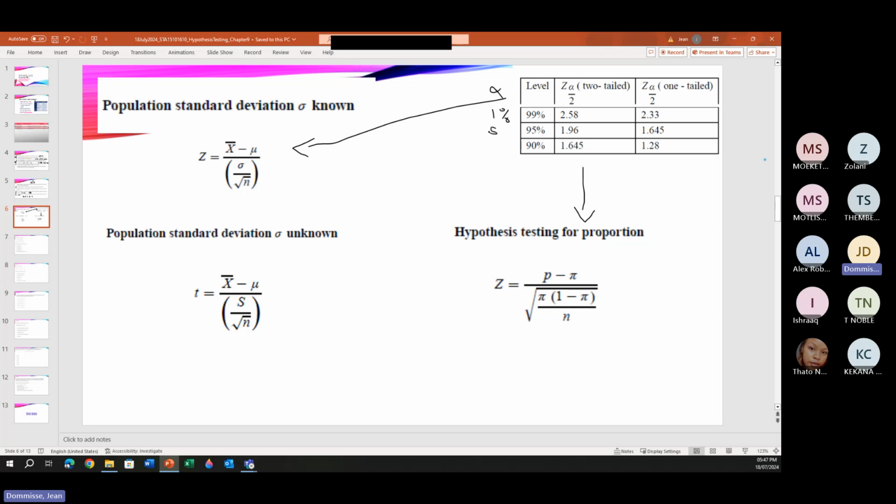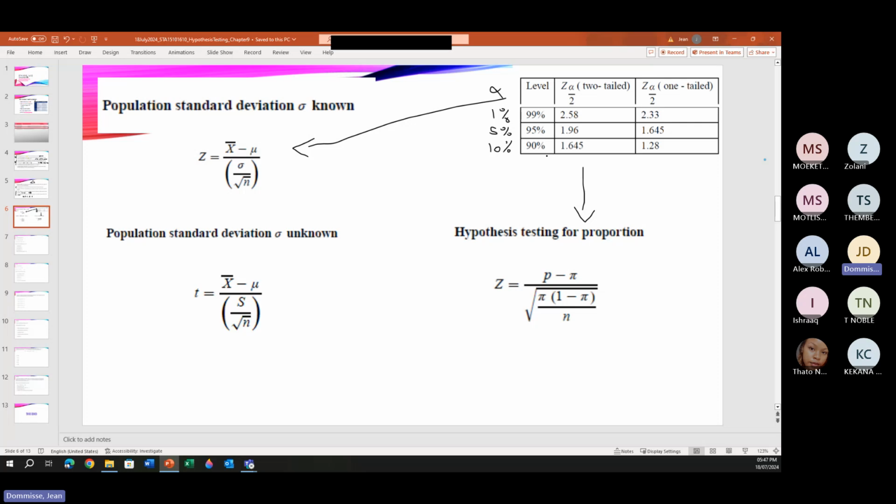If we work with alpha of 5%, we have the values, and if we work with alpha of 10%, we have the values. So again, that table that we used in study unit 8, we're going to use that in study unit 9 again, because those are standard numbers.